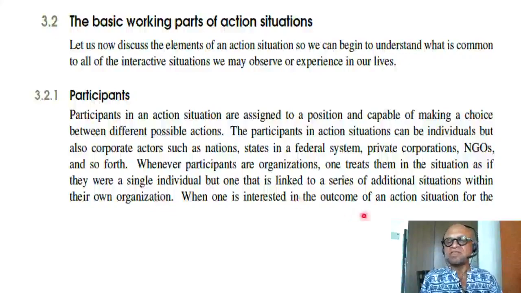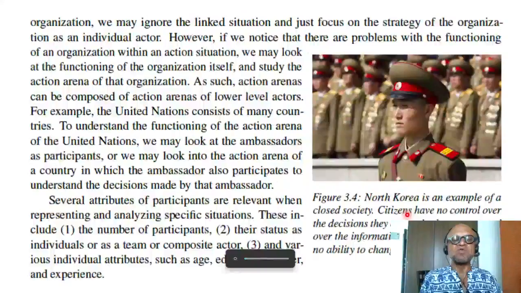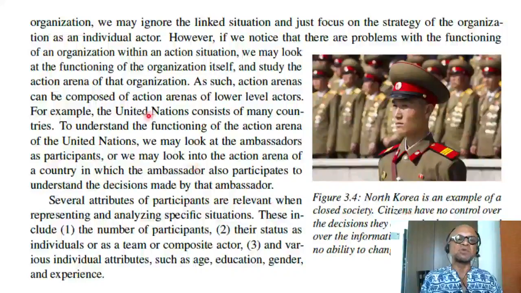When one is interested in the outcome of an action situation for the organization, we may ignore the linked situation and just focus on the strategy of the organization as an individual actor. However they organized, whatever their internal arrangements are, whatever their internal positions are as to the members of the organization, the leader of the organization, sometimes there are treasurers and strategists and so on.